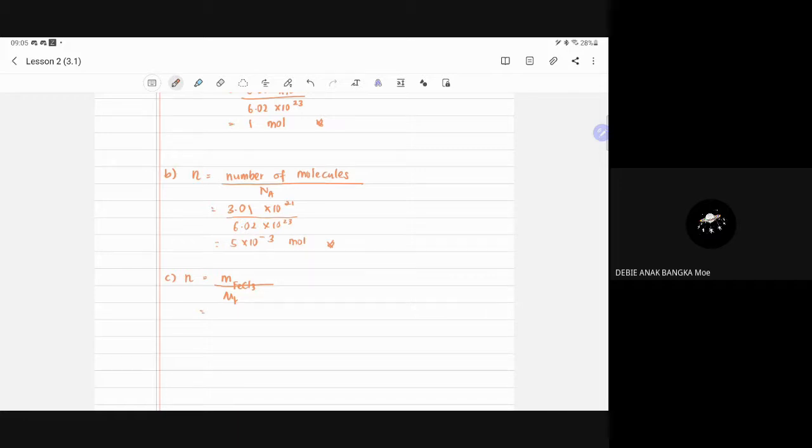So mass of FeCl3, kalau kamu tengok dekat table of atomic mass yang saya ada bagi sebelum ni, kalau kamu tengok dalam Telegram, it's there somewhere. Table of RAM. Let me just open it. Okay. So kalau ikut it is 55.9. So mass dia bagi dekat sini adalah 24.5 kan.